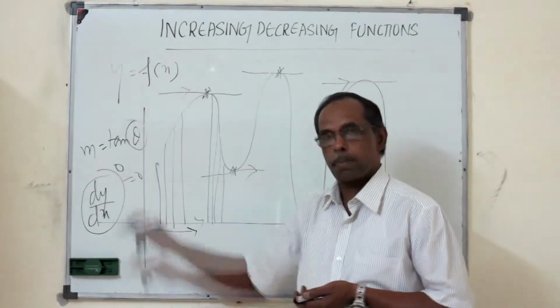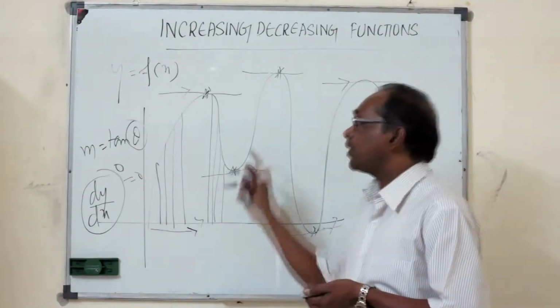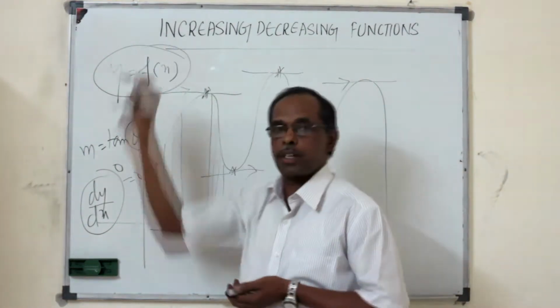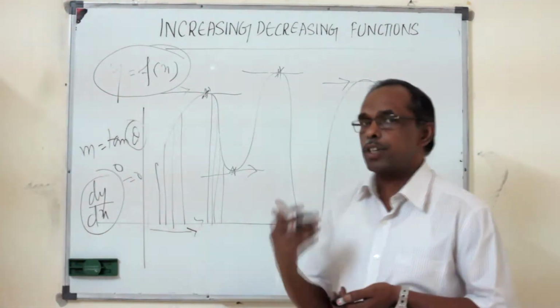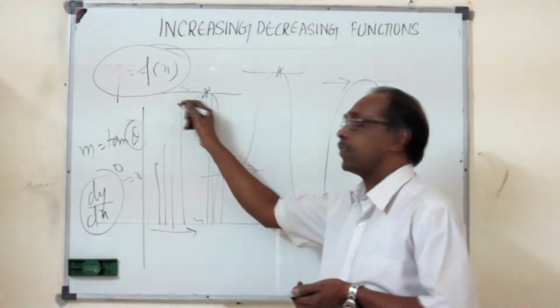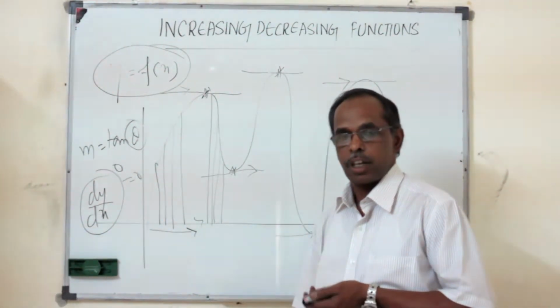It is 0. So to find the turning point, we find the derivative of the given function y is equal to f of x. We equate it to 0. Whatever values of x you are getting, that will be giving you turning points. Are you clear?